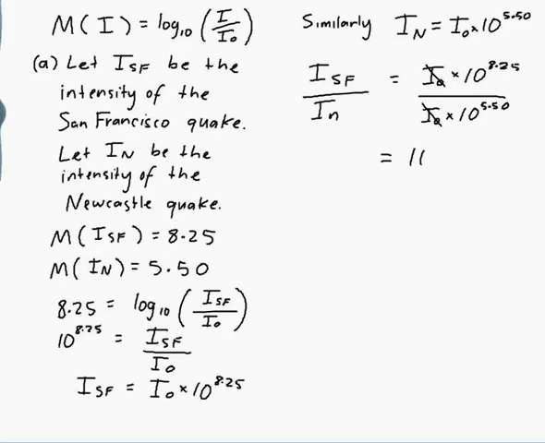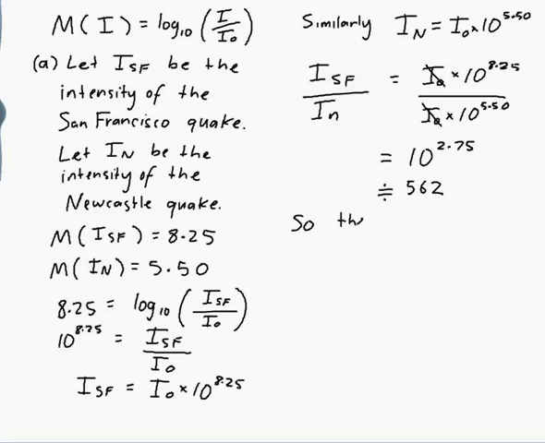So that would be 10 to the power of 8.25 minus 5.5, which would be 2.75. And sticking that into my calculator, that comes out to approximately equal to 562. So, that should answer my original question.